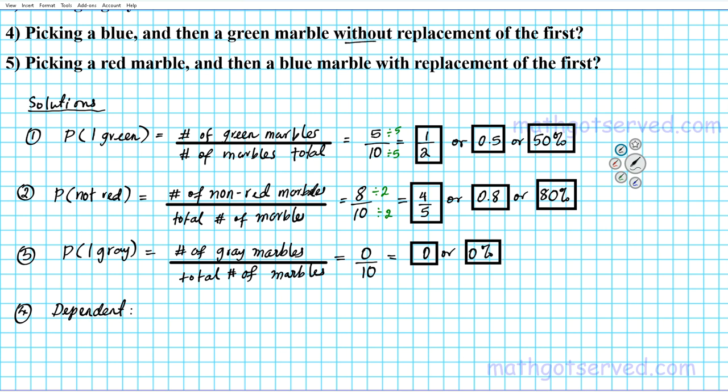Remember, when there's no replacement, there is a change in the sample space when you're making the second selection. All right, the first selection impacts the second, so there's a change, or they're connected, so it's dependent.